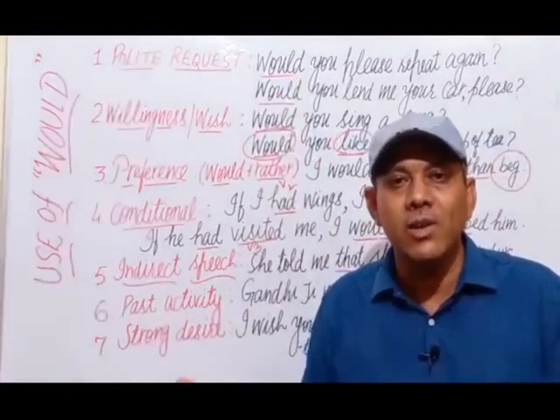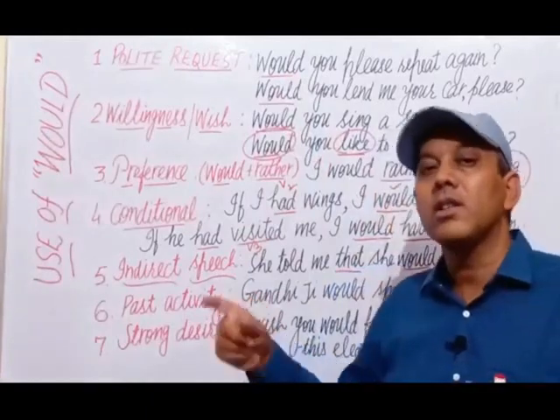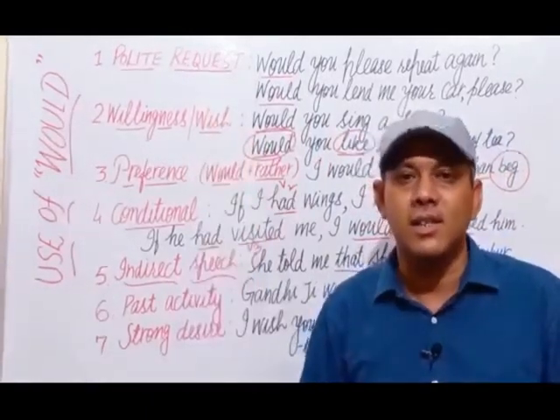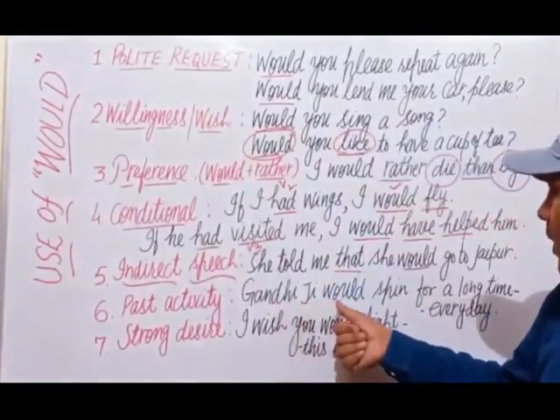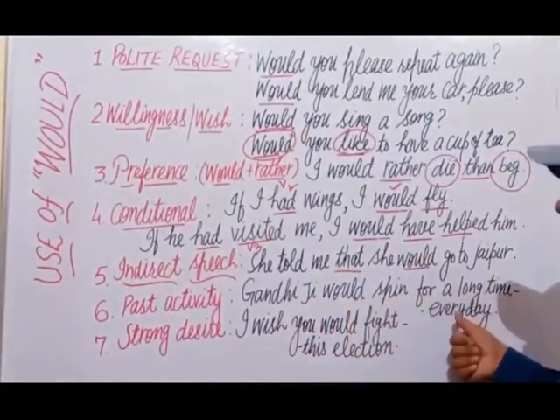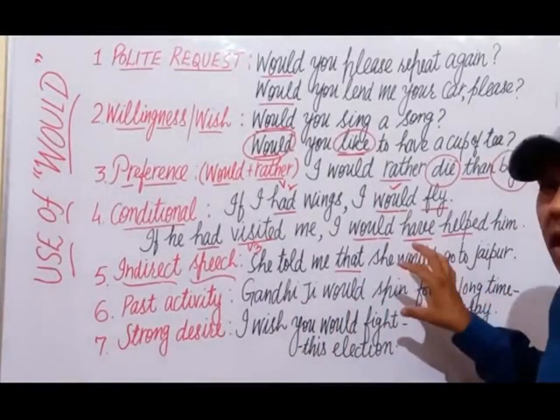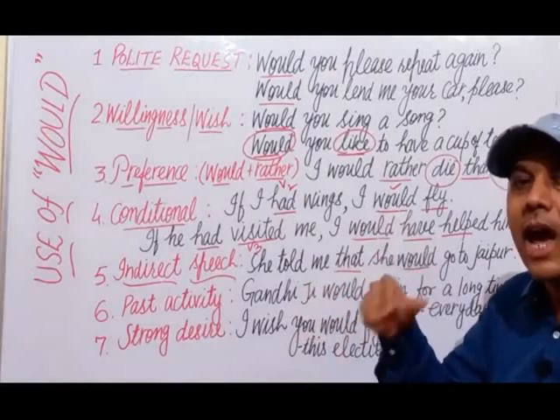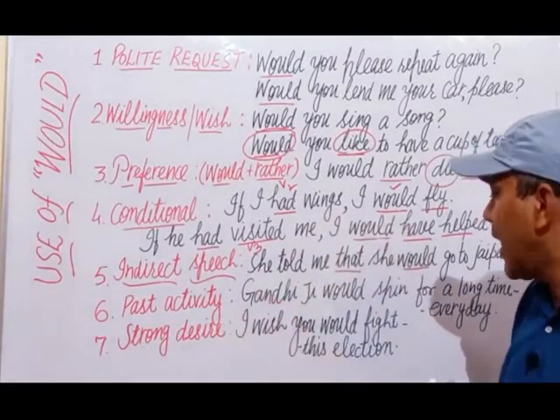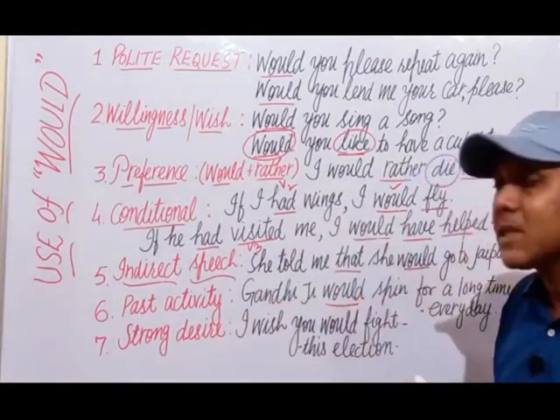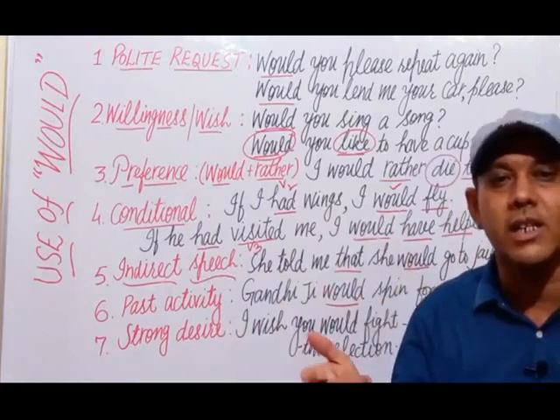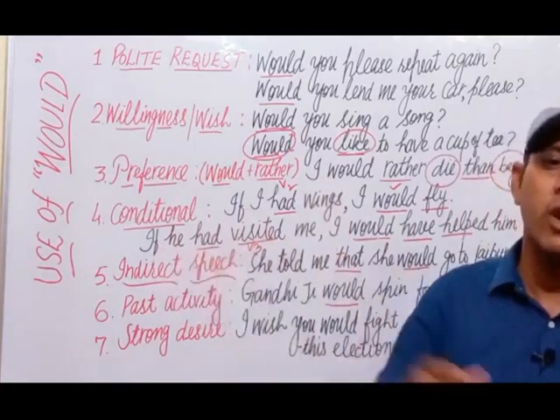Now he is not alive, and we are talking about the same Mahatma Gandhiji. Gandhiji would spin for a long time every day. Spinning is a habit, and a habit of the past. We shall use would to express a past activity or past habit of someone.